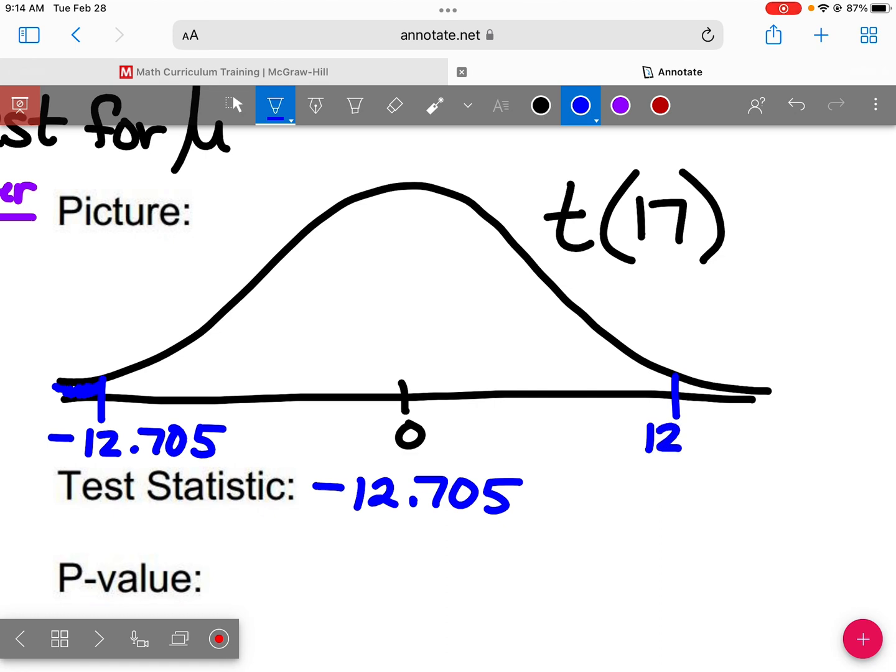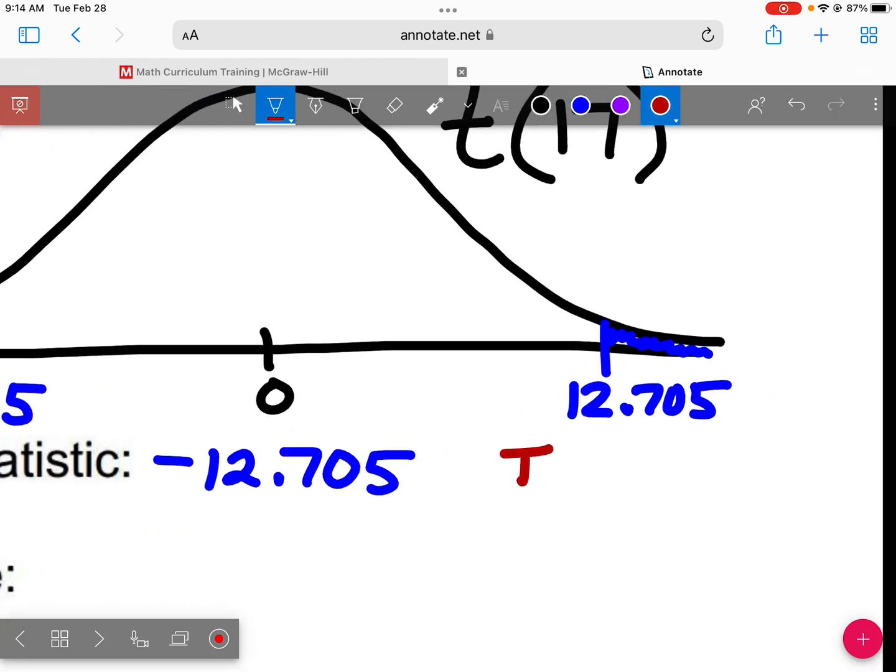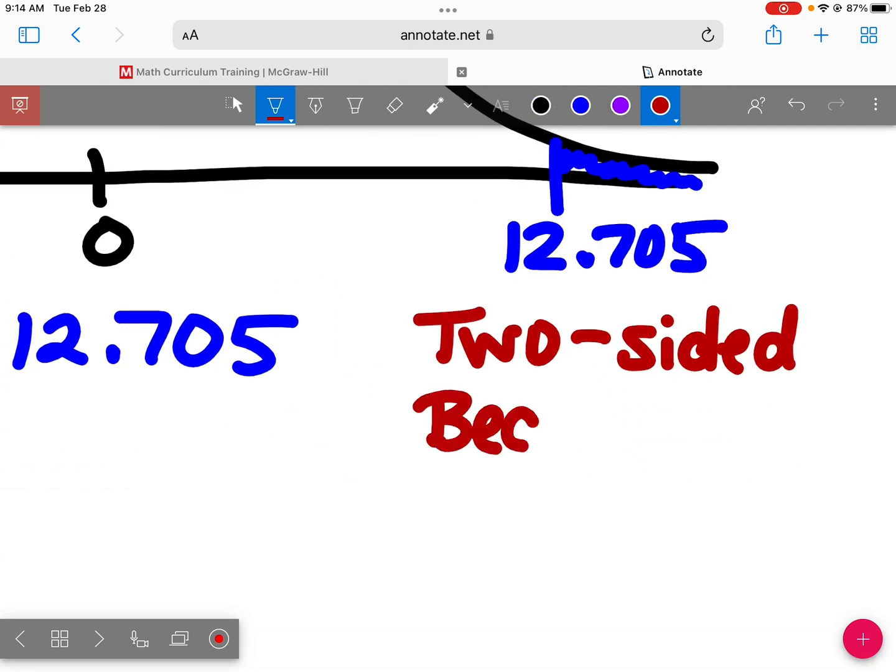Why? Yes, two tails. We're two-sided because it was a not equal to. It wasn't a greater than or a less than. It was just a not equal to.